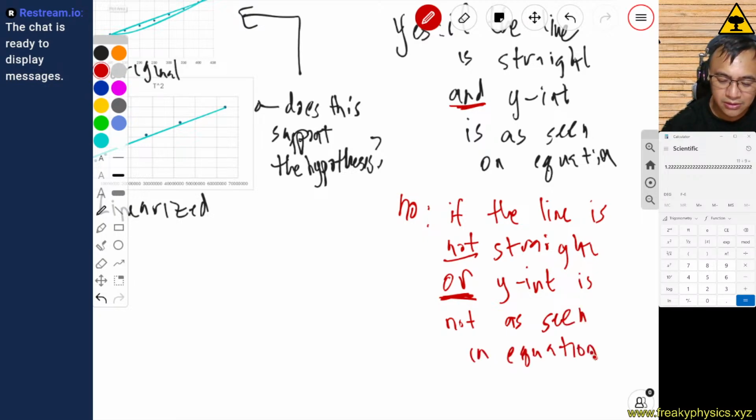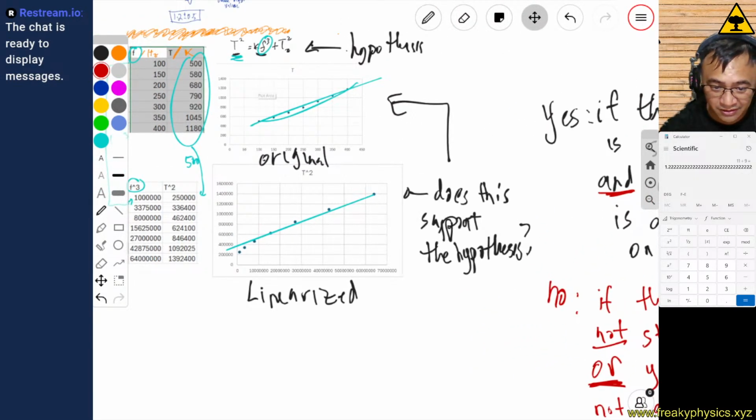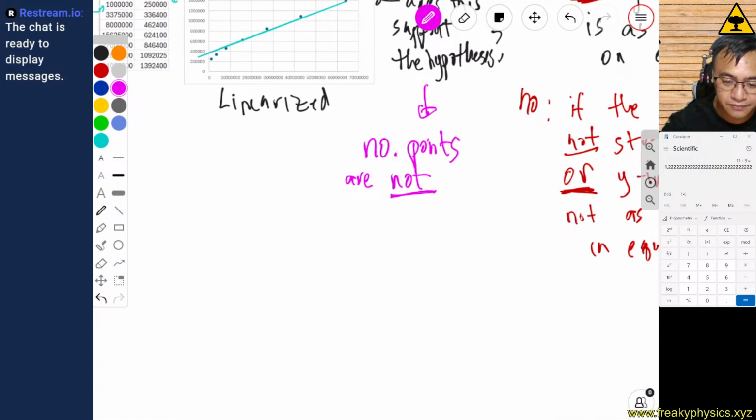Okay. So let's answer this question according to our graph here. Does this support the hypothesis that t squared is a function of f cubed plus some constant here? The answer here is actually, and I'm going to use pink here, no, because the points are not lining up correctly, are not on the line, right?